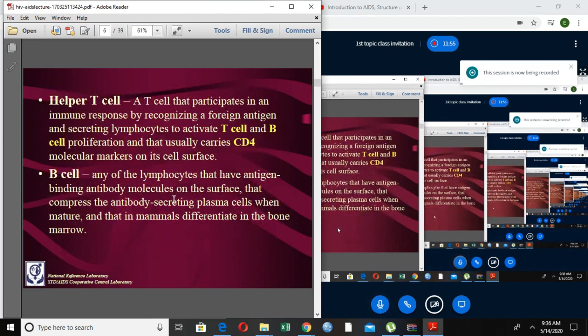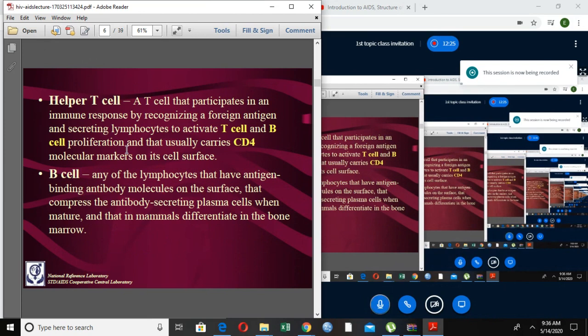A T cell that participates in an immune response by recognizing a foreign antigen and secreting lymphokines to activate T cell and B cell proliferation, and that usually carries CD4 molecular markers on its cell surface. The work of these helper T cells is to recognize foreign matter and activate, or signal, other T cells and B cells to proliferate.